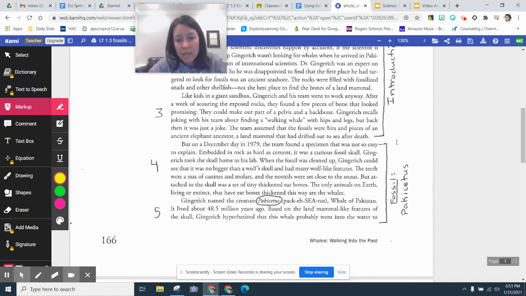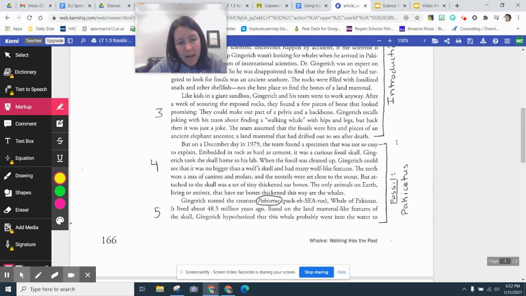When the fossil was cleaned up, Gingrich could see that it was no bigger than a wolf skull and had many wolf-like features. The teeth were a mix of canines and molars, and the nostrils were set close to the snout. But attached to the skull was a set of tiny, thickened ear bones. The only animal on Earth, living or extinct, that has ear bones thickened this way are whales. So Gingrich named the creature Pakicetus.